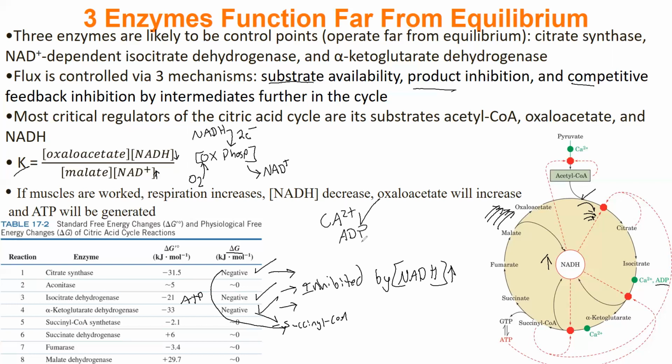ADP, your low energy signal, turns on isocitrate dehydrogenase for us. That's what the image in the bottom right is showing, and that's how you follow those lines: the red and green show which processes are turning on and which are turning off.